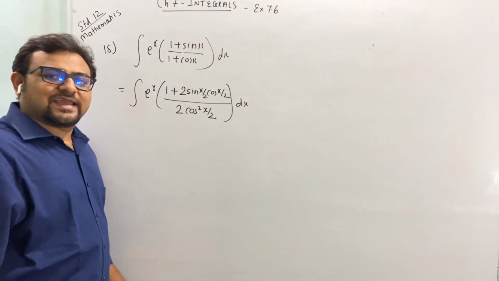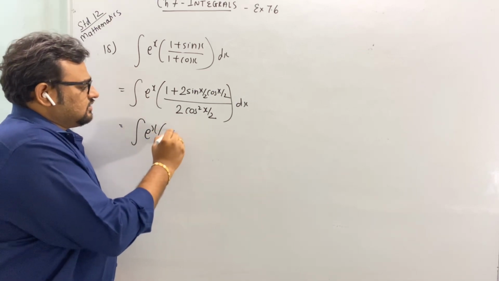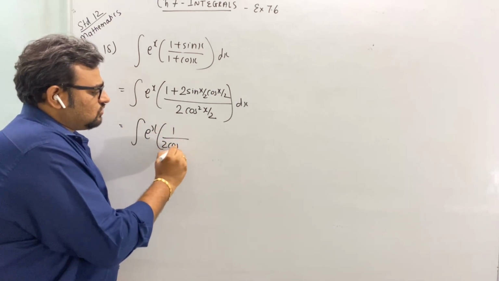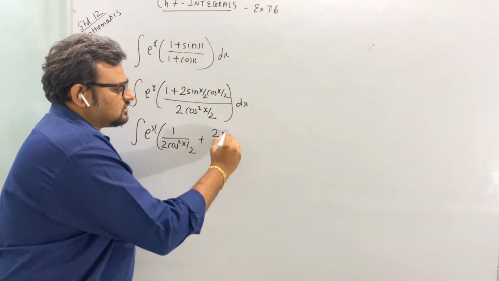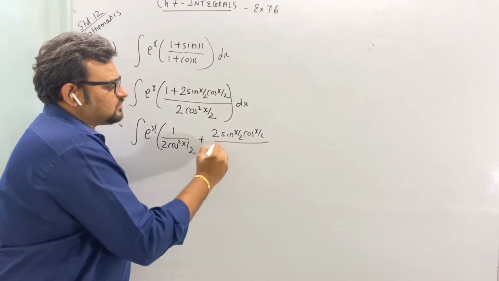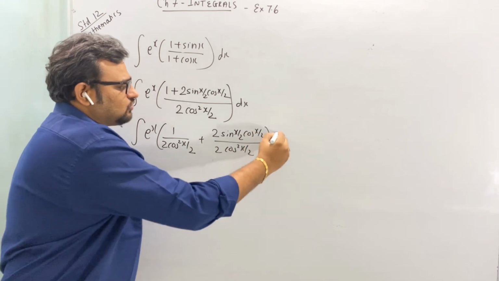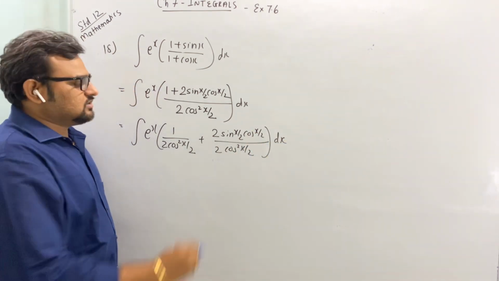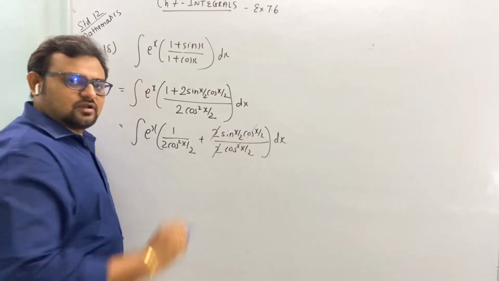Okay, now I can split it. 1 by 2 cos square x by 2 plus 2 sin x by 2 cos x by 2 upon 2 cos square x by 2 dx. Okay, 2 gets cancelled. Clear?